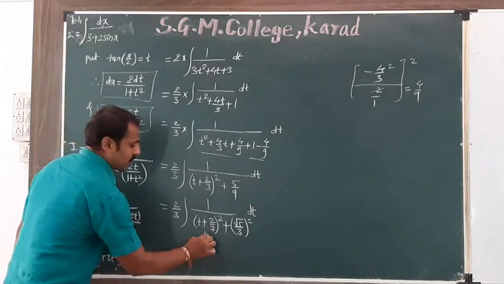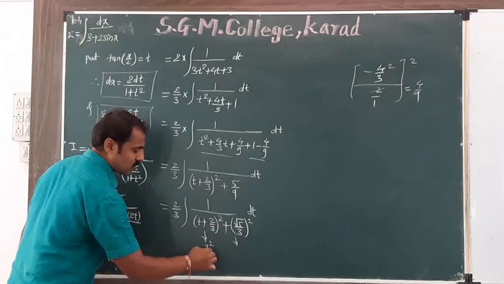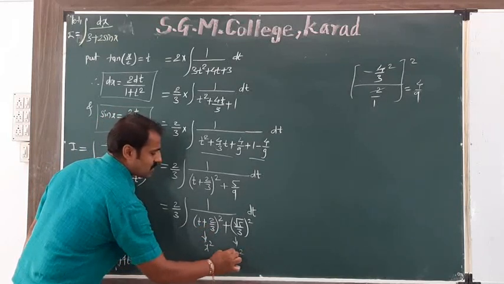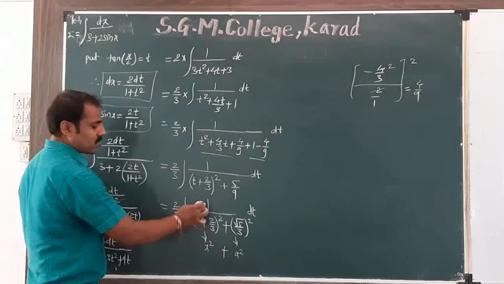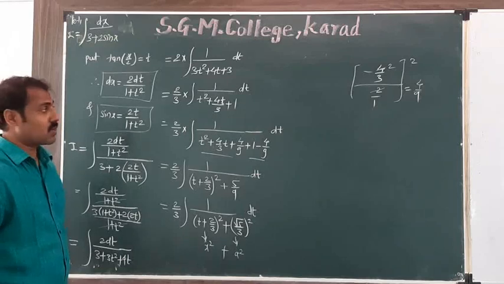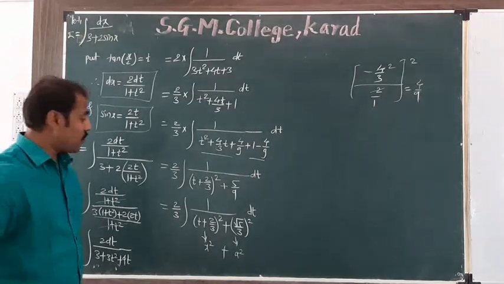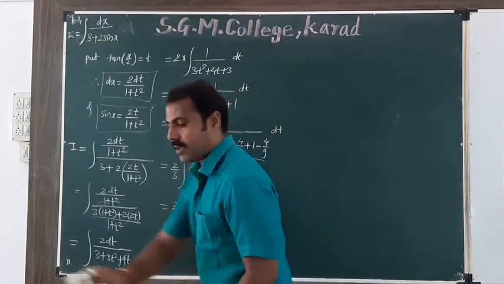Okay, here the term of x, it looks like the variable x, so x square, and it looks like a constant, so a square. And we know the formula for the integration of 1 upon x square plus a square dx is 1 upon a tan inverse of x upon a.